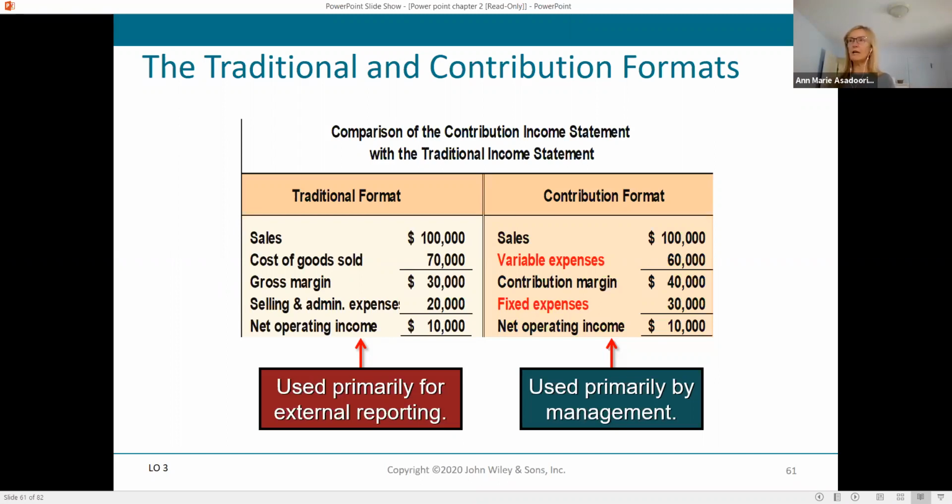We won't need it until chapter 4. But for most of you, you should understand that cost of goods sold is where you're expensing inventory, matching to revenue. Then after gross margin or gross profit come your selling and administrative expenses. Basically, your traditional formatted income statement has your expenses broken up by function: inventory, not inventory.